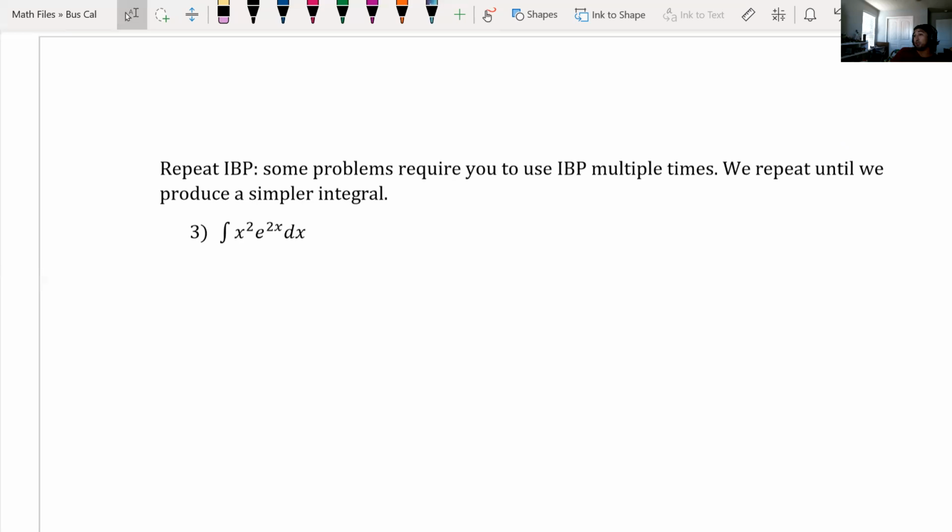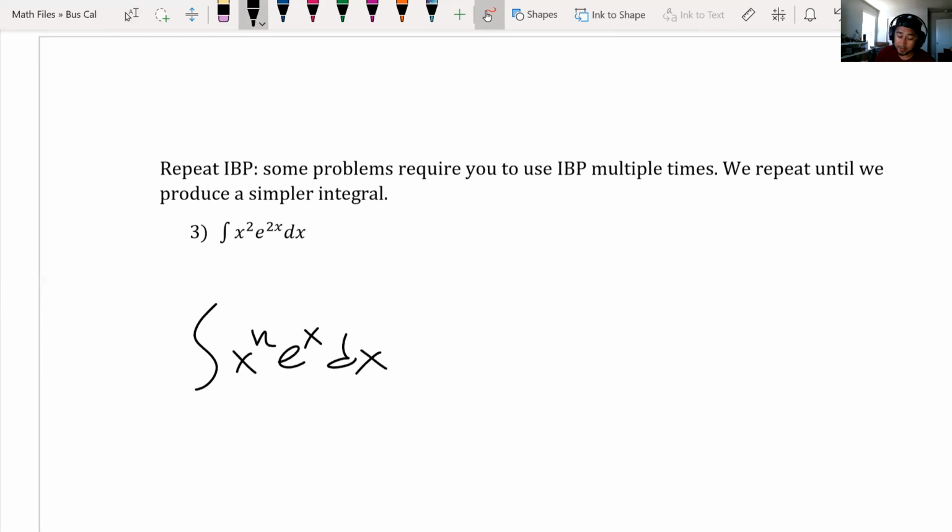So sometimes we get an integral that will require us to use integration by parts multiple times. We will repeat integration by parts until we produce a simpler integral. Okay. So number 3 is just like number 1. It has that special form. This one looks like x to the n times e to the x dx.